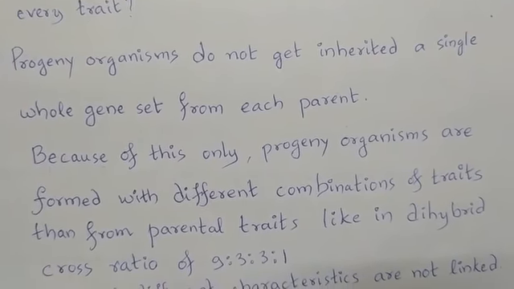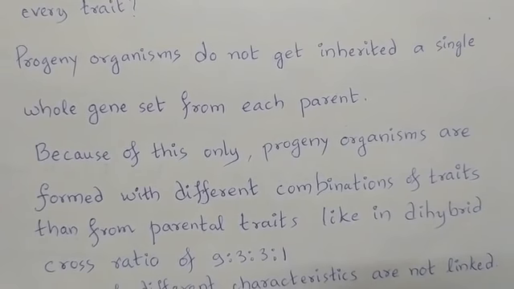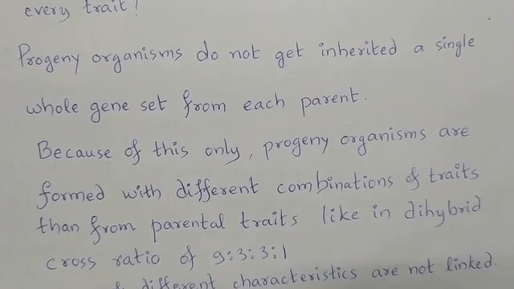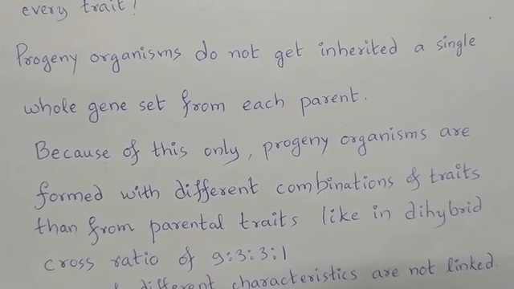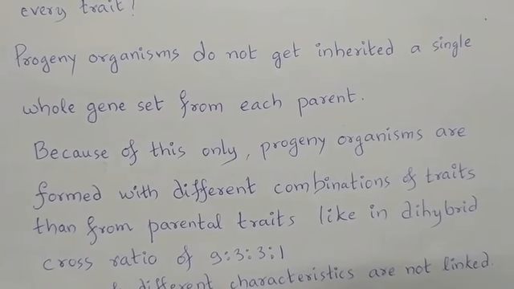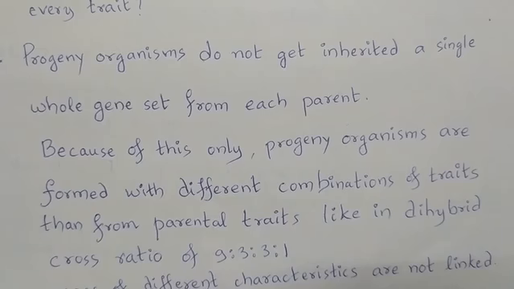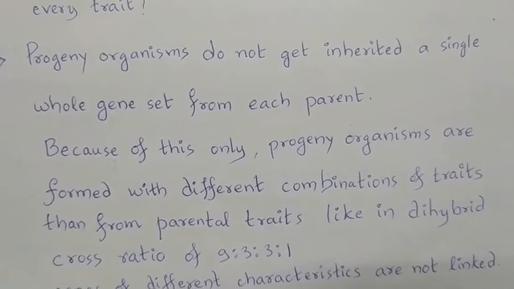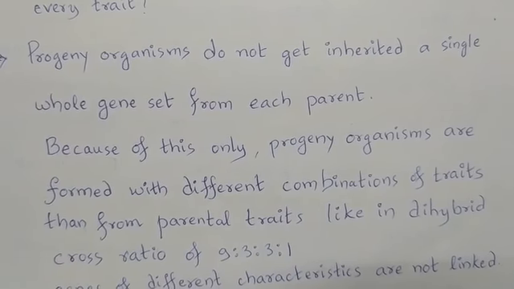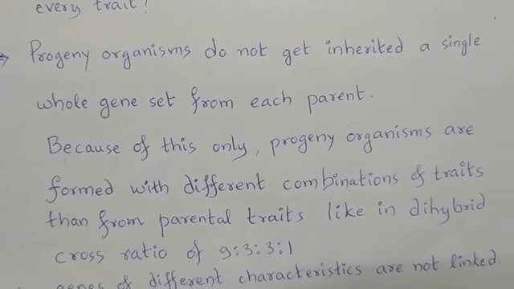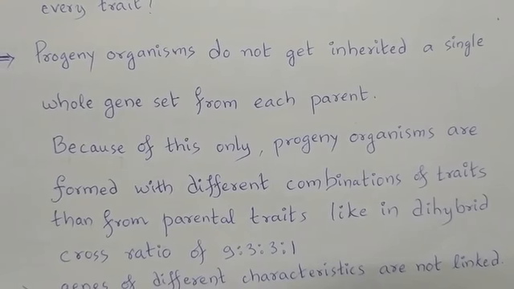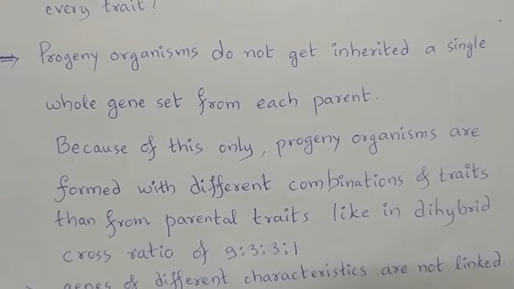If all the genes were inherited in a single set in a linked manner, then in a given species we could have only two types of organisms. But is that happening? In a given species many organisms are there with different combinations of traits, not only two combinations.